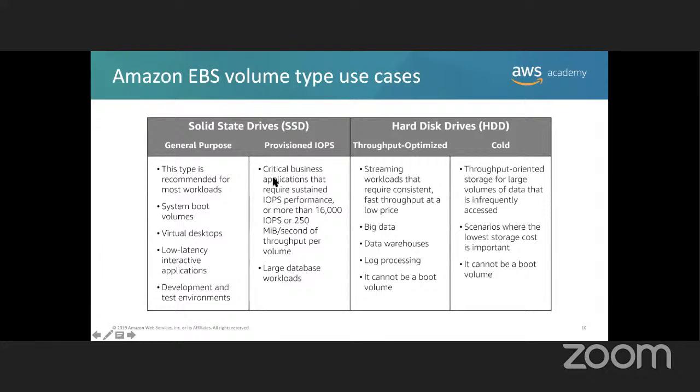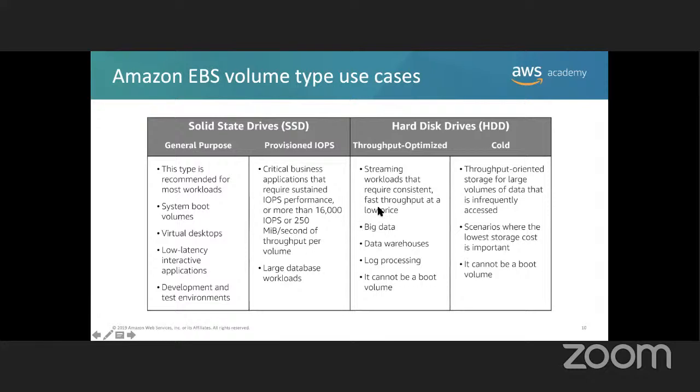Okay. Now, throughput optimized is for streaming workloads that require consistent fast throughput at a low price. So it says it all here. When you pass this line here, then it's when you start saving money, right? But the quality is not as good as this quality here, right?